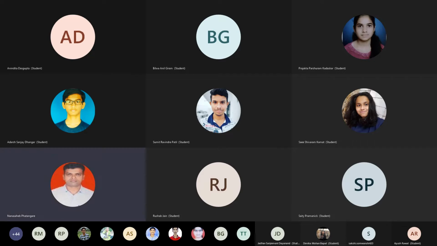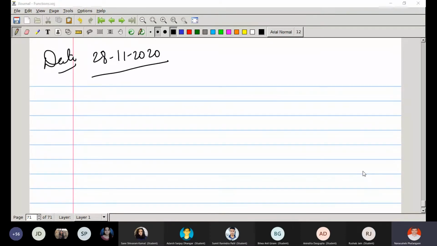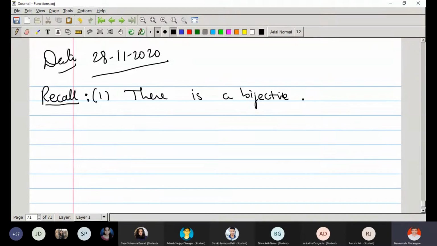Okay, so last time we discussed monotone functions, right? What we discussed last time: there is a bijective function f from R to the interval (-1, 1).